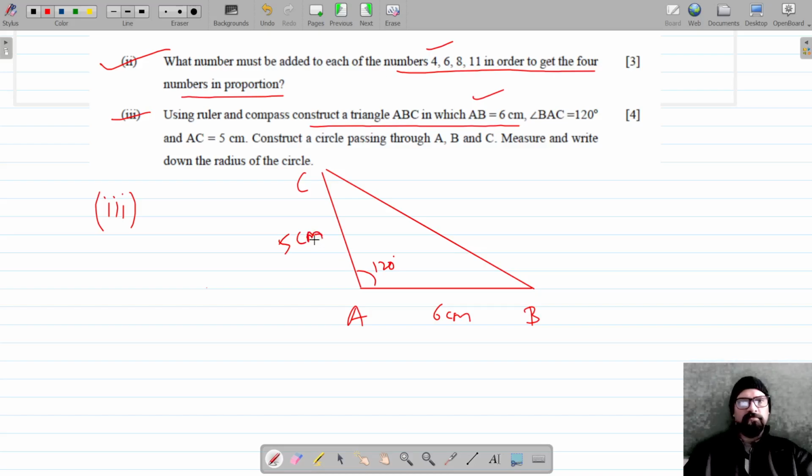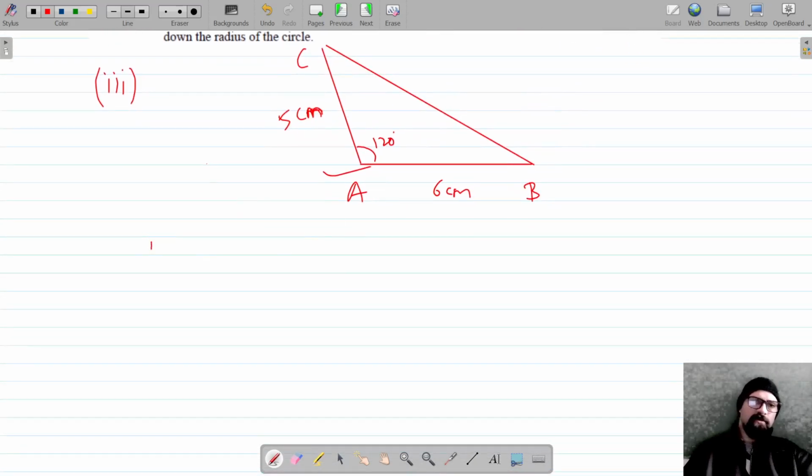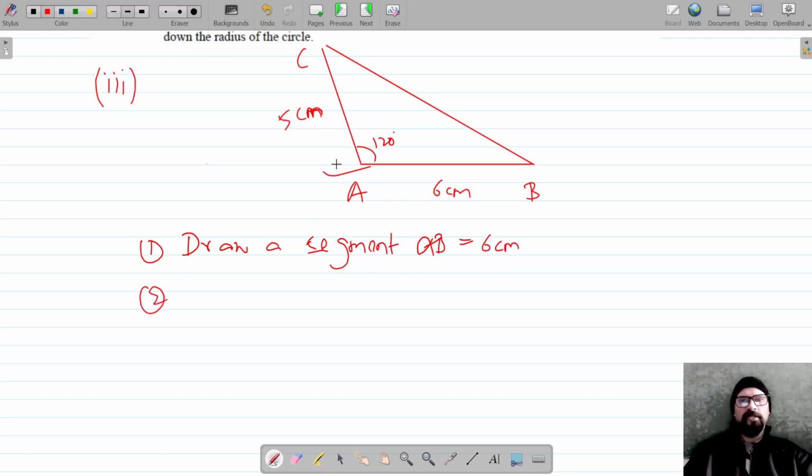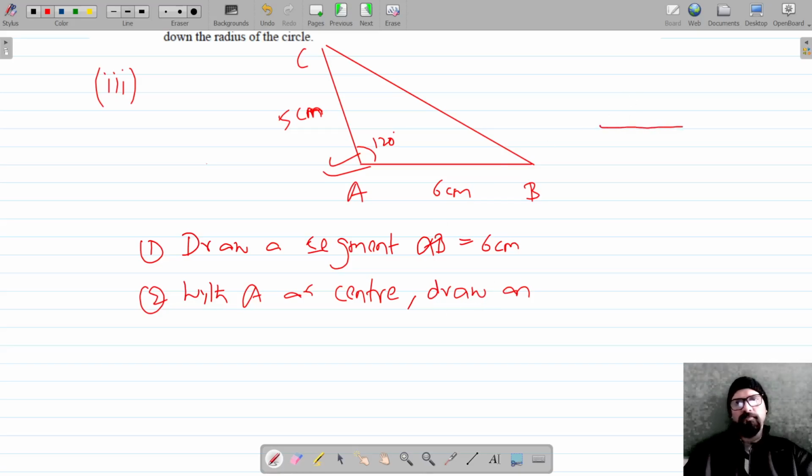So I will write the steps of the construction. First of all, we will draw a segment AB, equal to 6 centimeter. Then with A as center, you know how to draw.